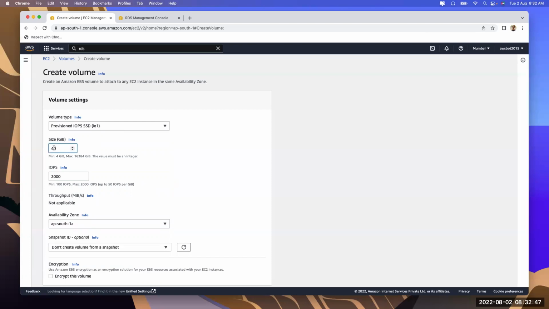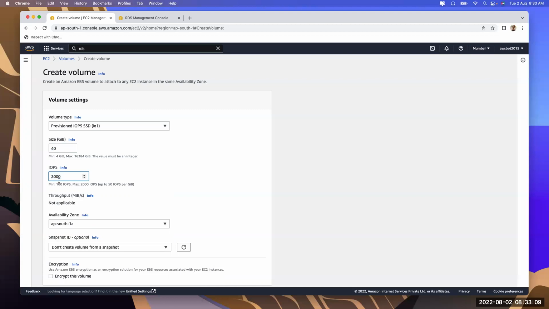It cannot be that you only take 40 GB of volume and you say I need 2 million IOPS. That anyhow the volume will not support. So let's go for 40 GB. In that case, I am looking for IOPS of 2000.